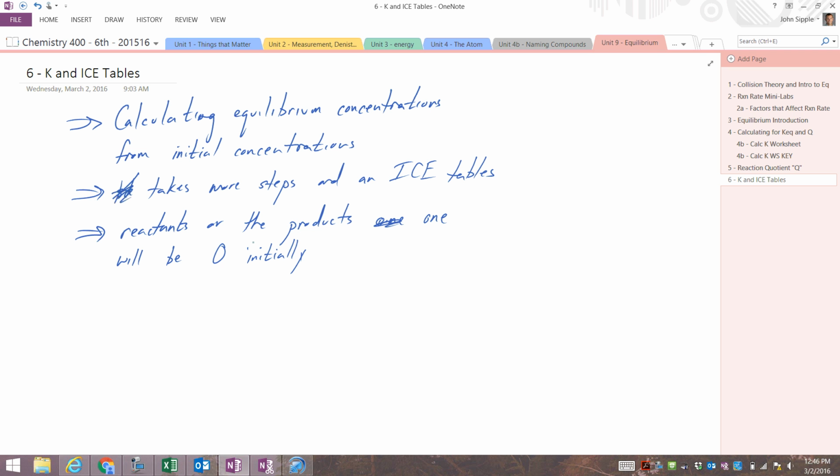Okay, one's going to be zero initially. So that means that we know which way the reaction is going to go to reach equilibrium. If we know one is zero, it has to go that direction. We've got to make more of that stuff to get to equilibrium. Okay?